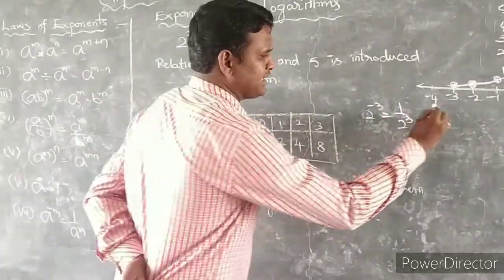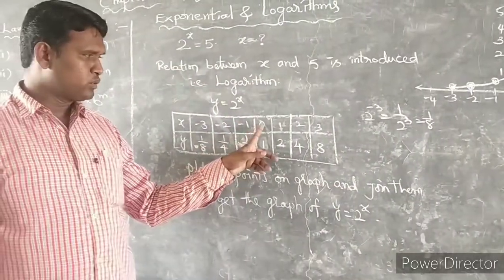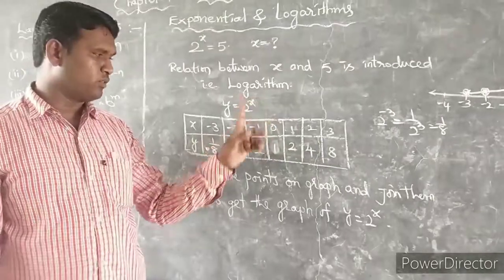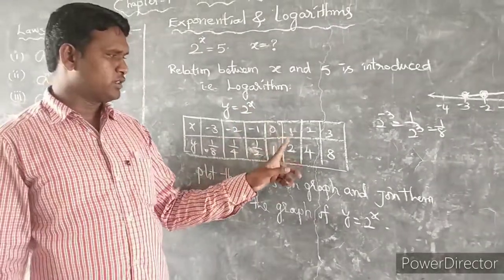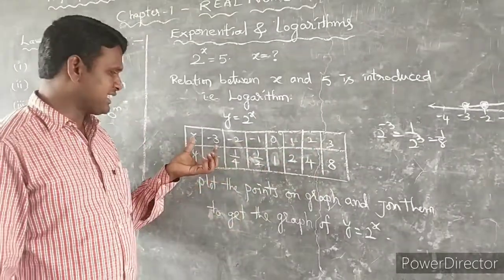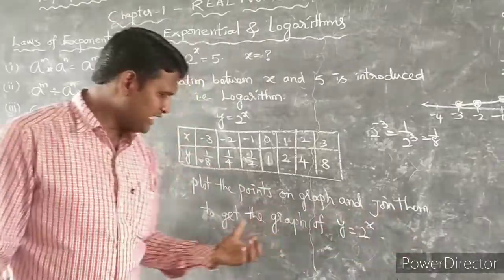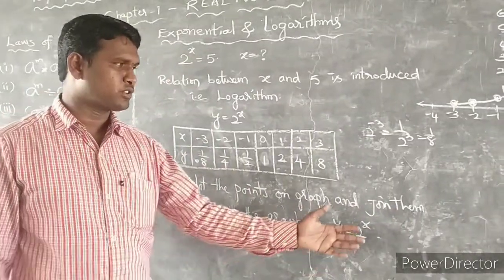This is 1 by 8. Similarly, 1 by 2 square, 1 by 4; 1 by 2; 2 power of 0, any number power 0 is 1; 2 power 1 is 2; 2 square is 2 into 2, 4. Similarly, all these x and y values we need to plot on the graph paper and join them to get the graph of y is equal to 2 power of x.